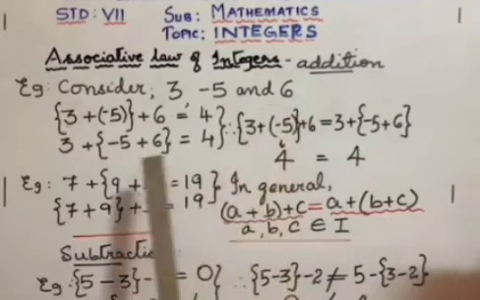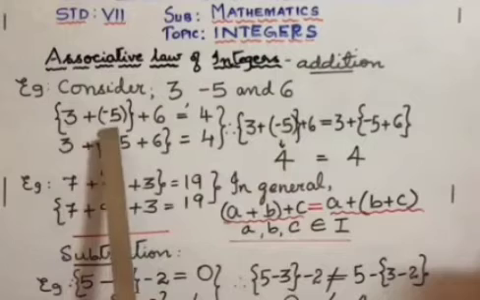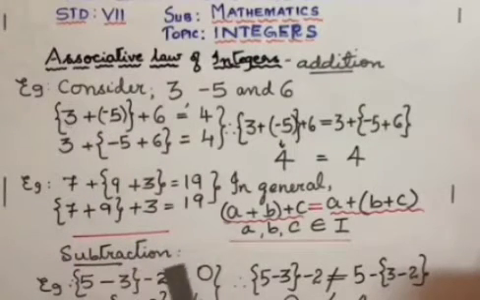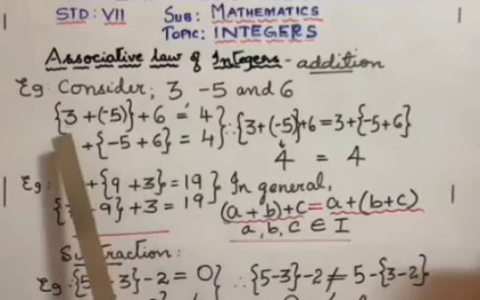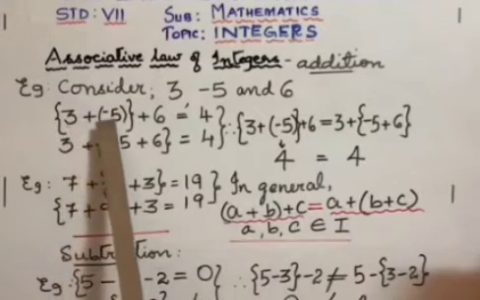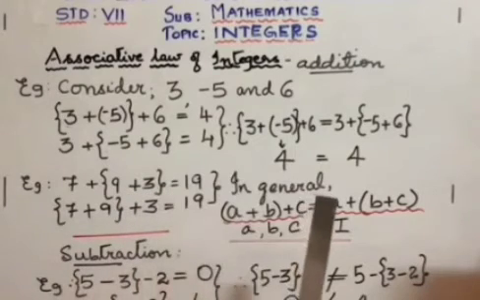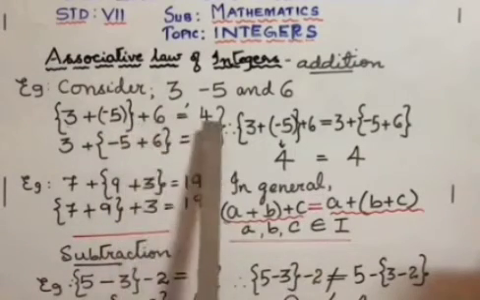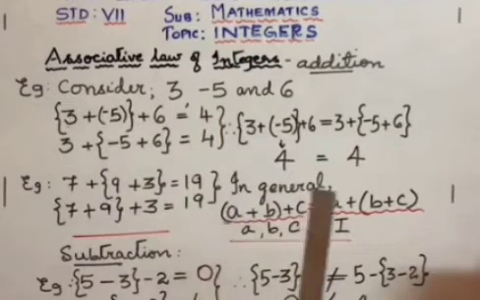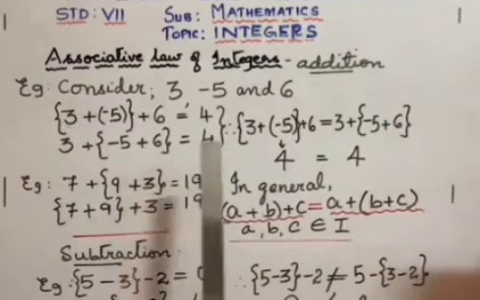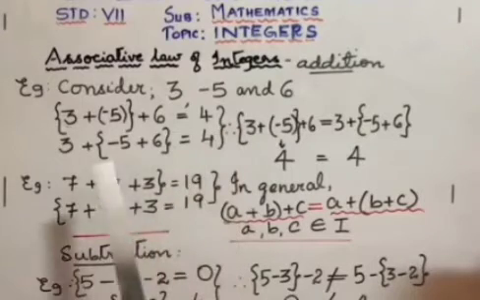So (3 + (-5)) + 6 is 4. What have we done here? 3 plus -5 is -2. -2 plus 6 is 4. Just recall the operation, children. Nothing is difficult here. These are all the rules that you have already learned.